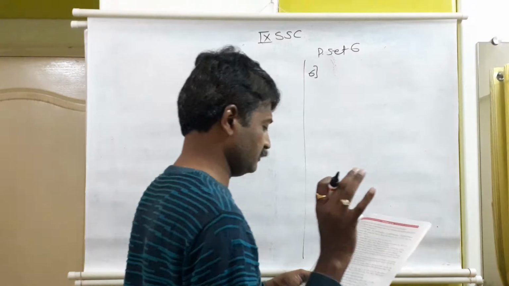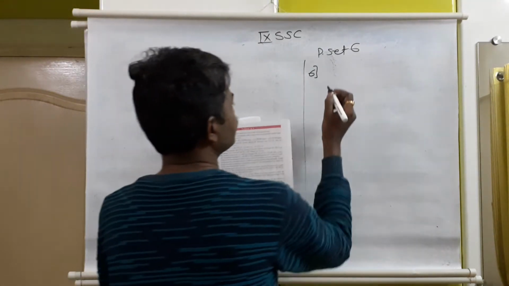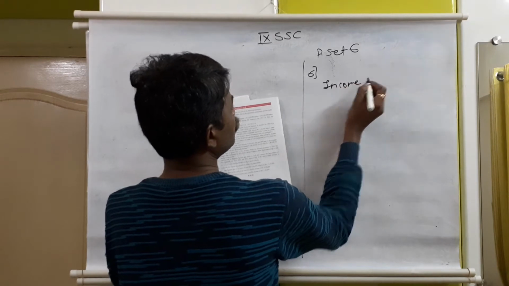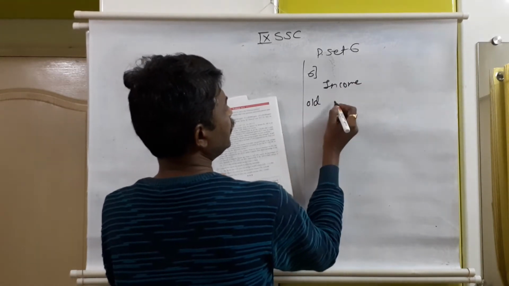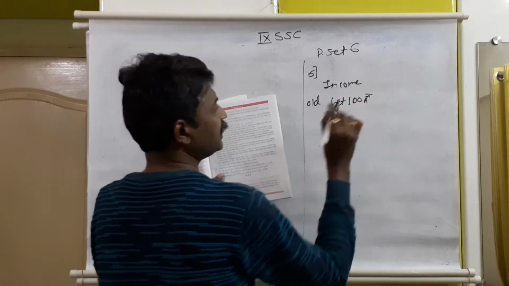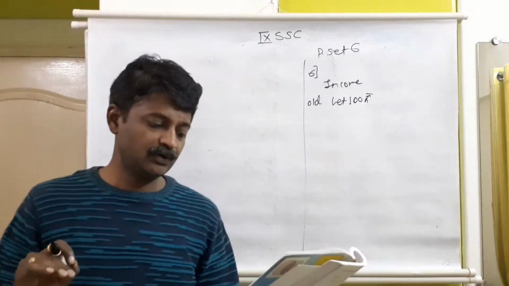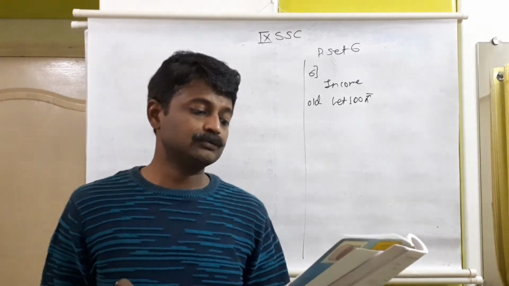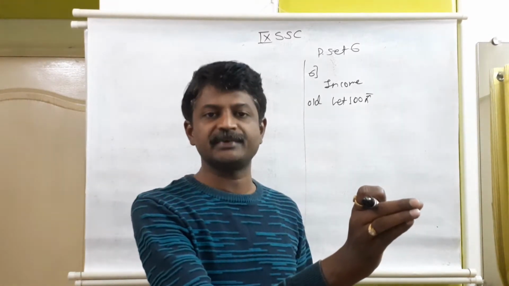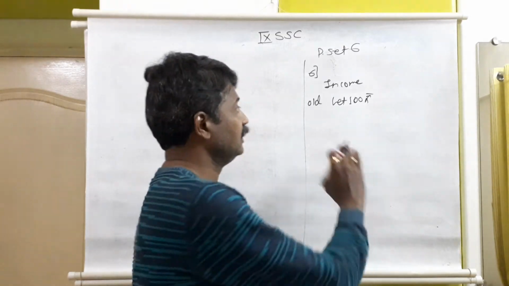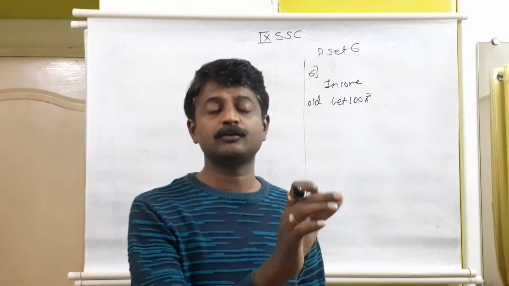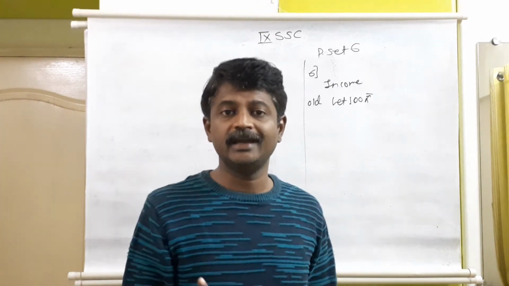So, we'll make a small table to help understand. Here, income. Let the old income be 100 rupees. This will make the question very easy, because it is given that Kailas used to spend 85% of his income. If we consider the income as 100 rupees, for calculation only, then 85% of 100 is 85 rupees.